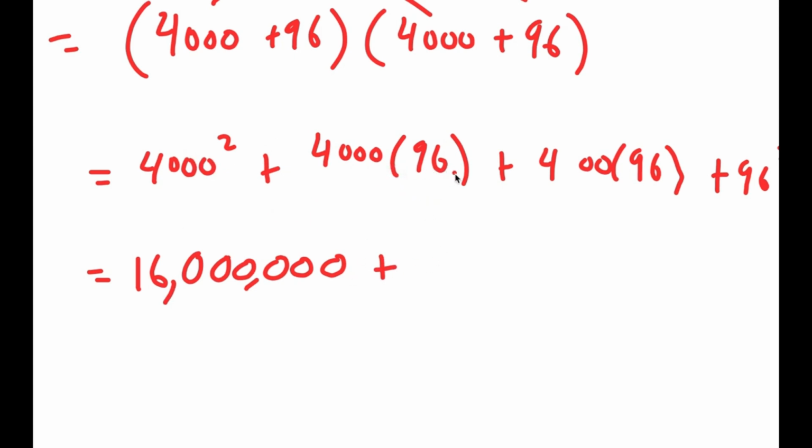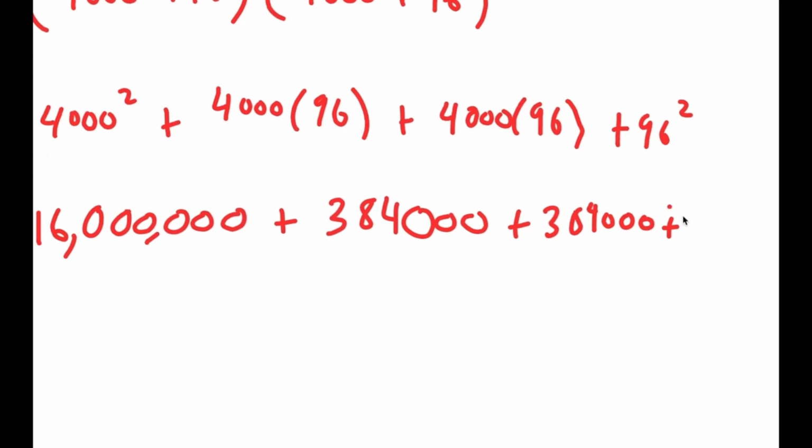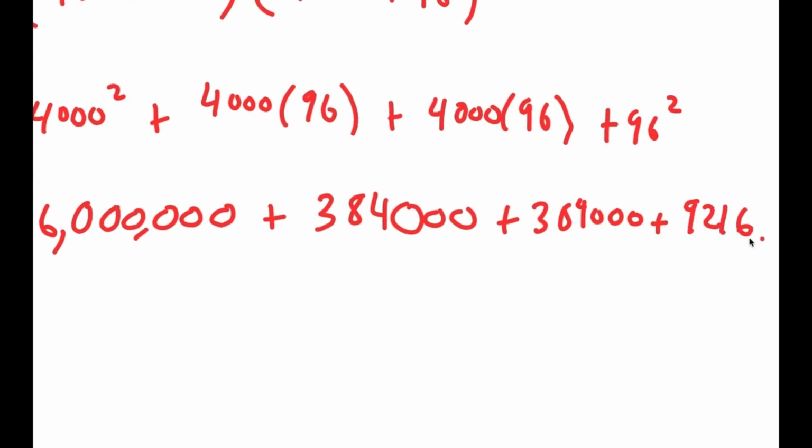Well, 4 times 96 is 384, so then all we have to do is add 3 zeros to that. So I get 384,000. So plus, again, 4,000 times 96, which is 384,000, plus 96 squared, which is 9,216.